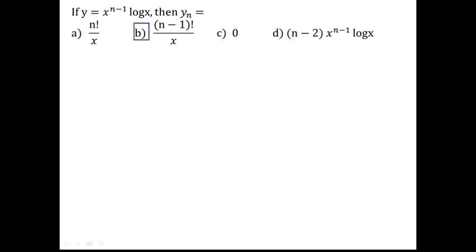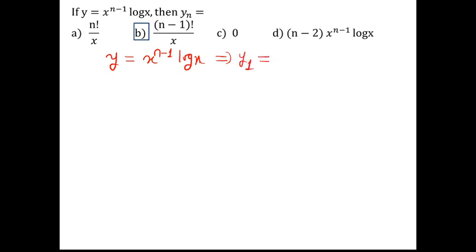So what is given? It is given y is equal to x raised to n minus 1 times log x, and I have been asked to find the nth derivative. Obviously this problem can be handled very well by applying the Leibniz rule. Let's first find the first derivative.